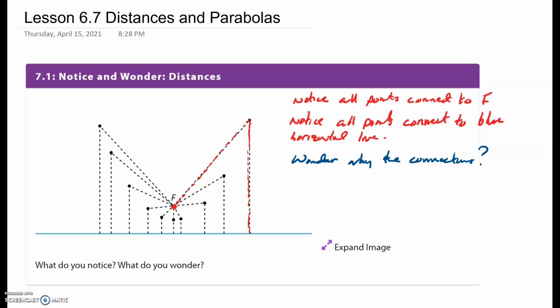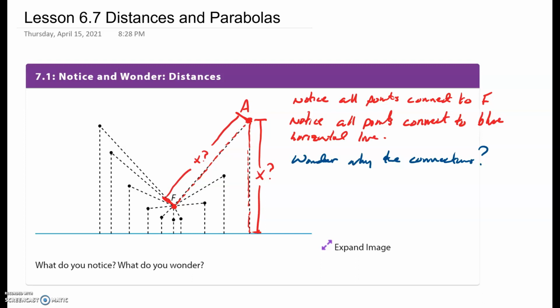So how come? Another wonder is, if we look at this first point, we'll call this point over here point A. If we look at the distance from A down to this horizontal line, that is some distance, we'll call it a length of x. I notice that distance appears to be the same as that distance.